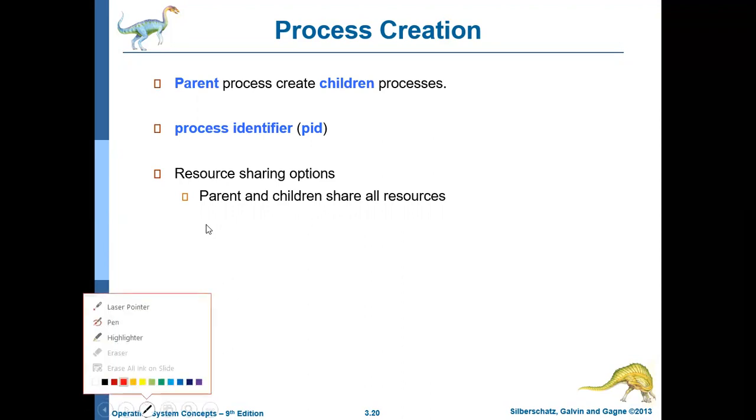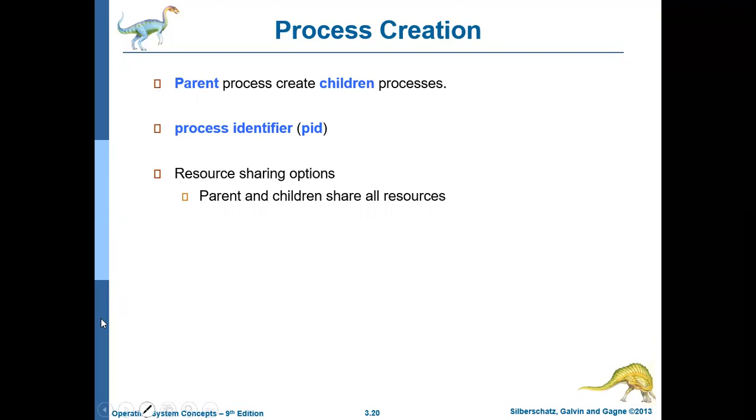If the parent has resources like x1, x2, x3, up to xn, maybe x1 may represent memory, x2 may represent some IO device like a hard disk, x3 may represent a printer, and like that it has n resources.